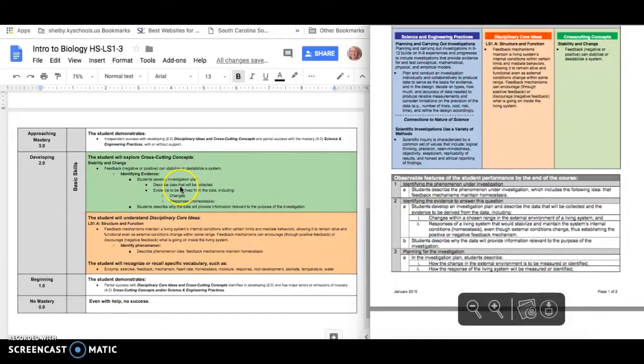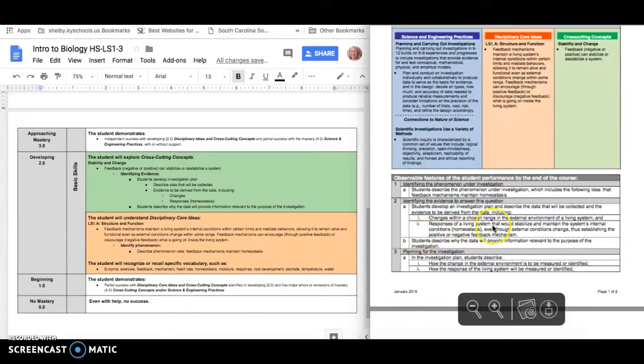I've said they describe the data to be collected, and I've also given a second bullet here with they describe and they collect evidence derived from the data, and they're going to mark the changes and the responses, which in this case are homeostasis.